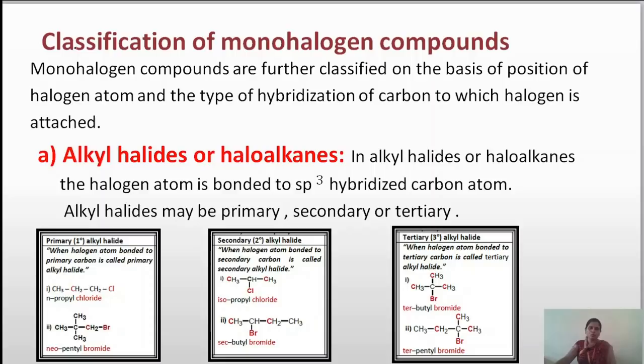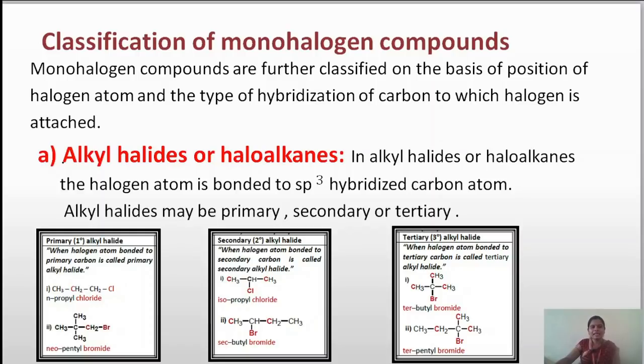You all know that there are three types of hybridization of carbon, that is sp3, sp2 and sp. So on these two ways the classification of monohalogen compounds is based.